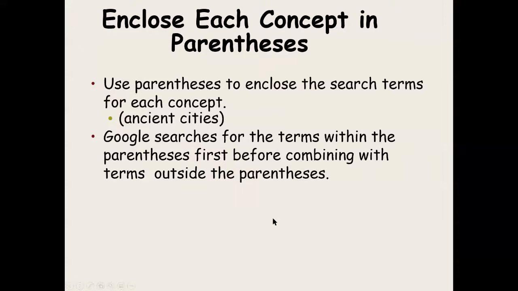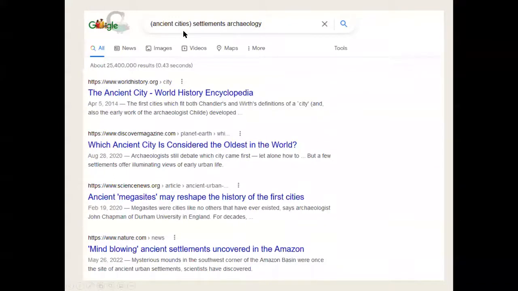And I did this above. I'll make an illustration, but if you want to be specific about things, you sometimes can include them in quotes. So if you include, in this case, ancient cities, it searches for that term within the parentheses first before looking for other things outside. So in this case, I did ancient cities, the one I did before, settlements, and archaeology.